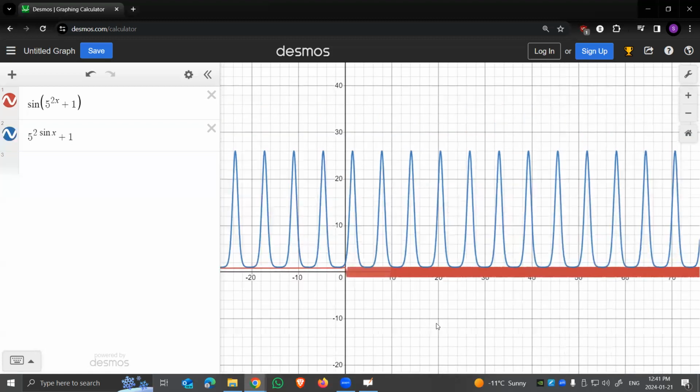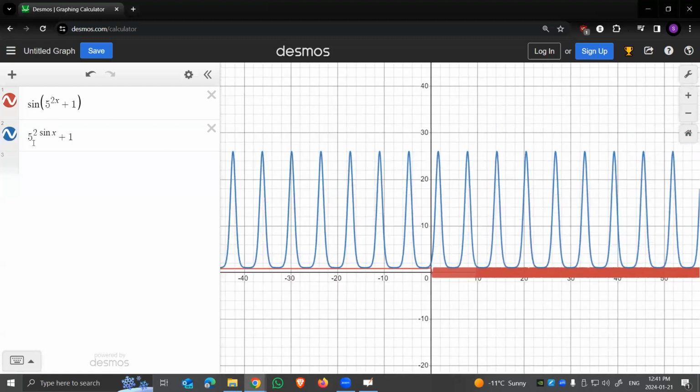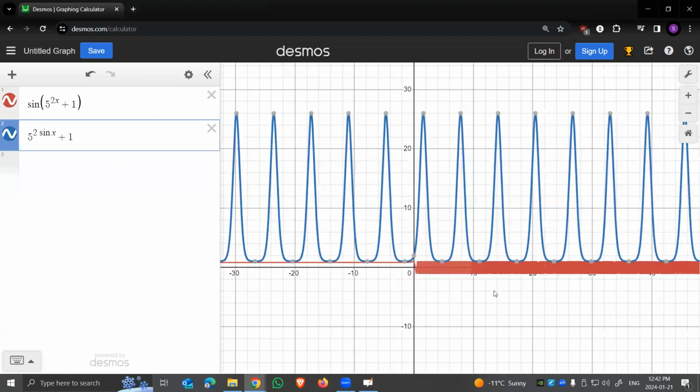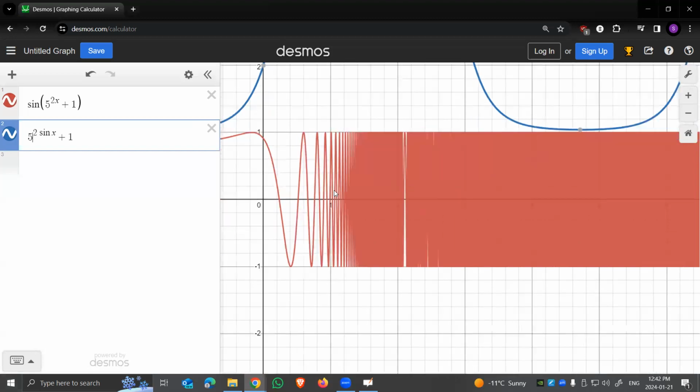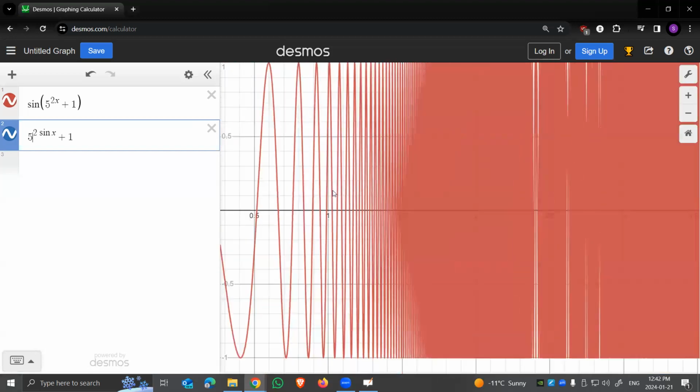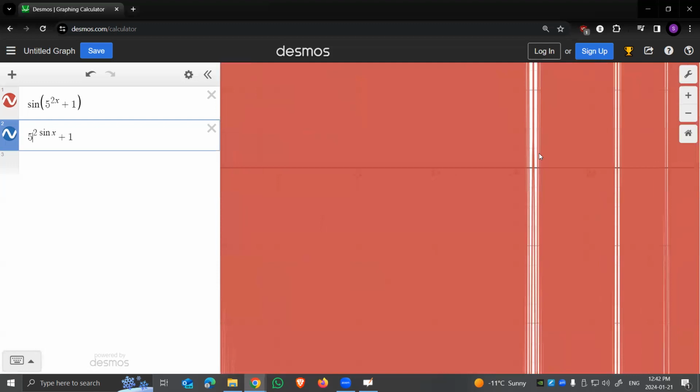The blue one is pretty consistent because your main function is exponential. Exponential functions are pretty consistent. But for the red one, the main function, by the main I mean the one on the outside, is sine, which is a periodic function, but the period is changing.